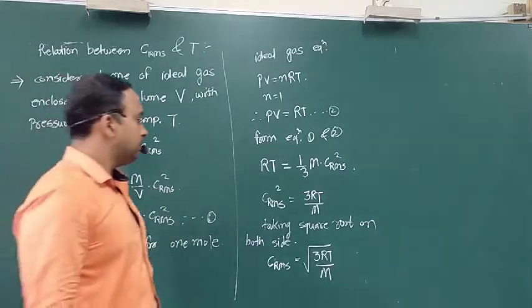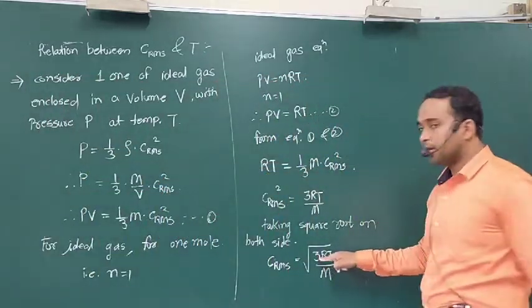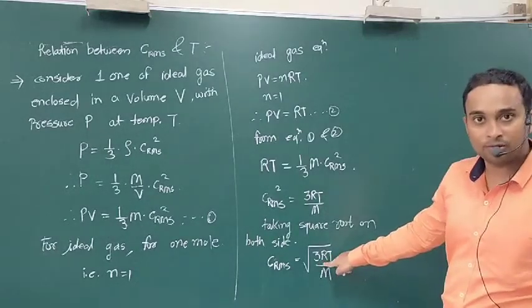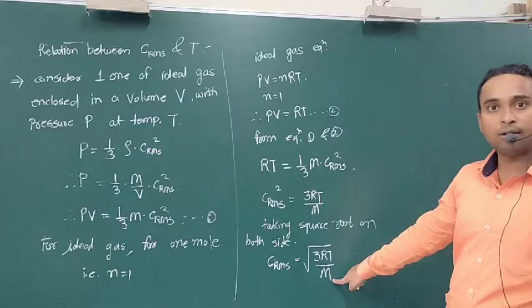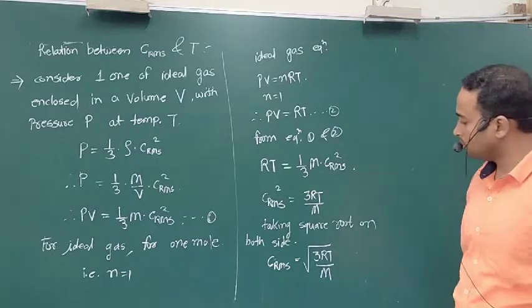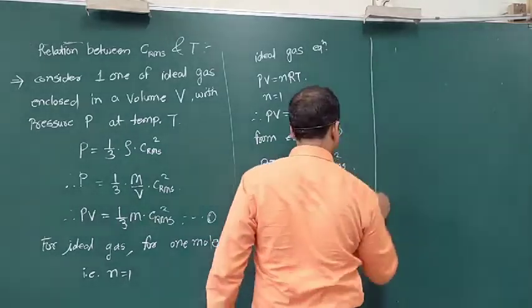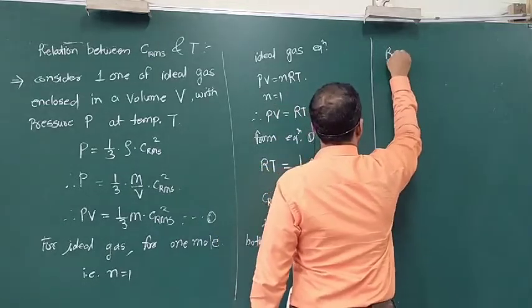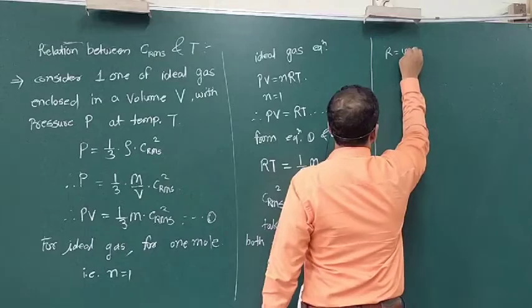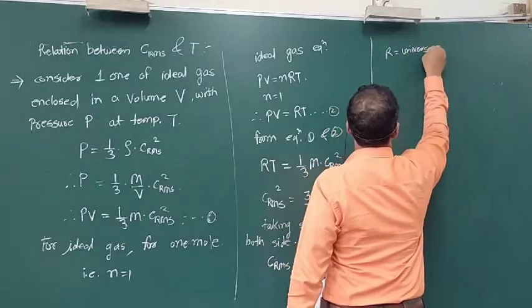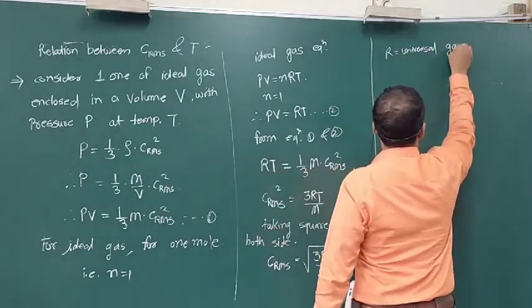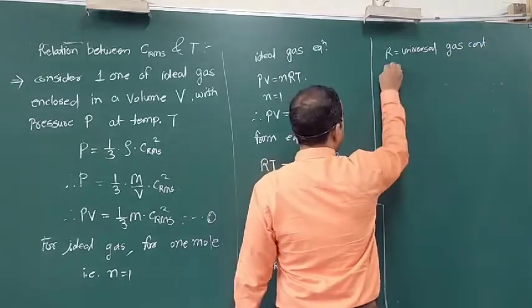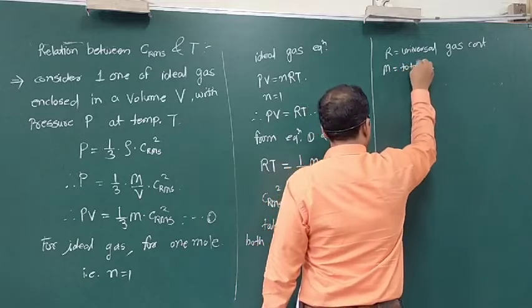Okay. Now see here, 3 is the number, so 3 is a constant. R is the universal gas constant.